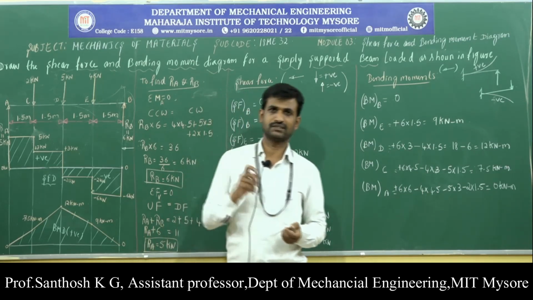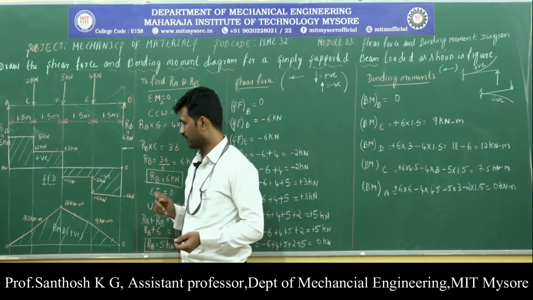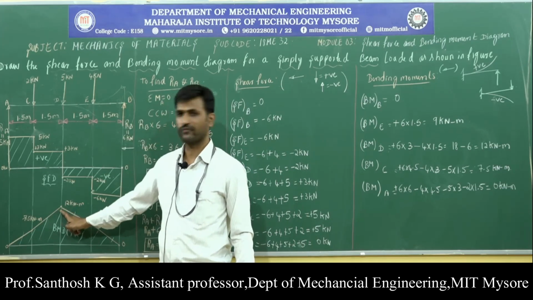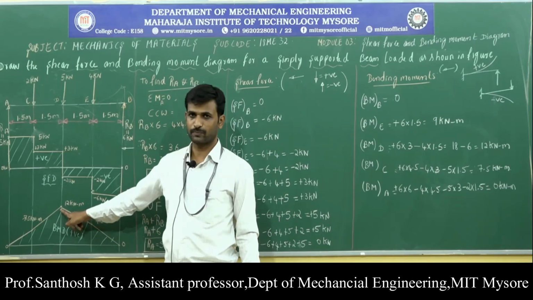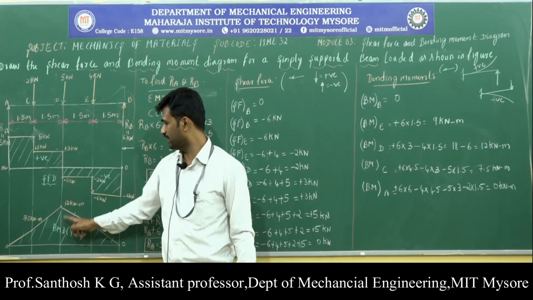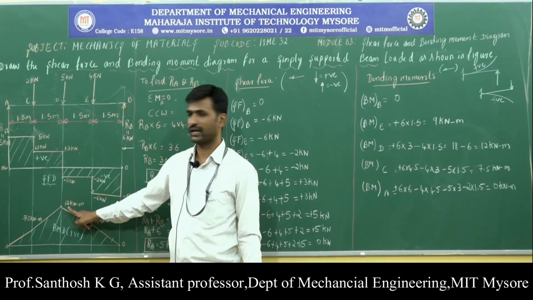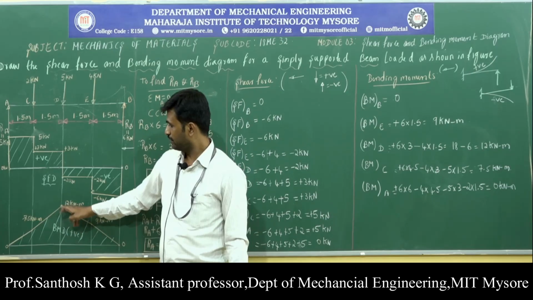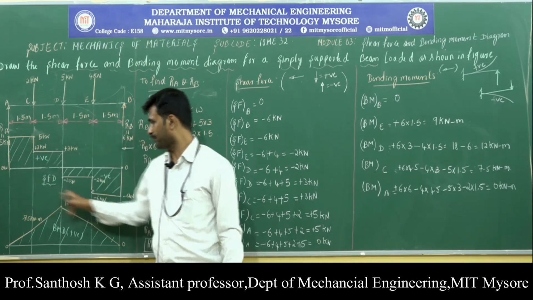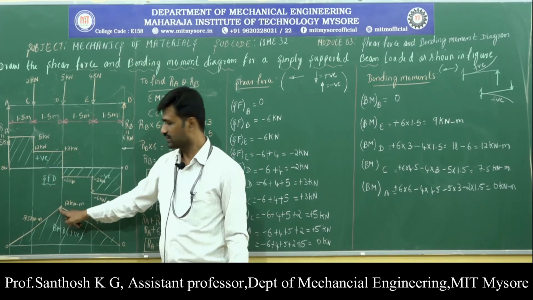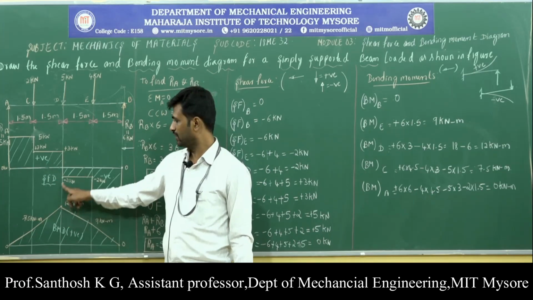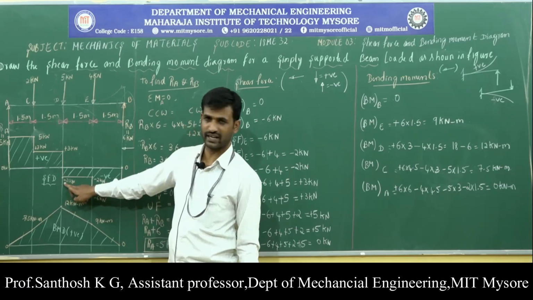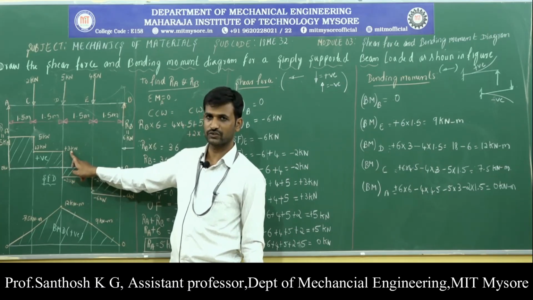And the last thing we need to remember is that in the bending moment diagram we are getting a maximum value of bending moment at this point. So at the point D, the maximum bending moment we have is 12 kilonewton meter. And if you see the shear force diagram corresponding to this maximum bending moment, we can see that the shear force is changing its sign from negative to positive.